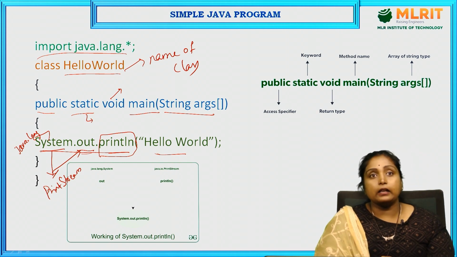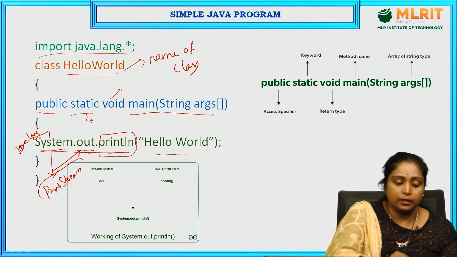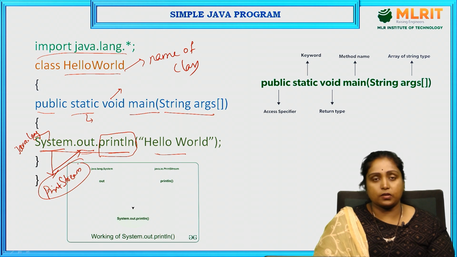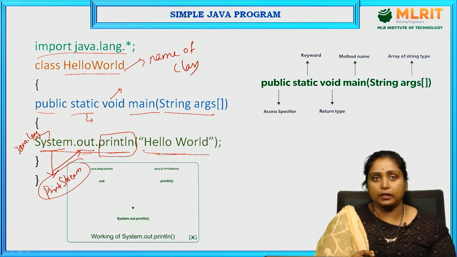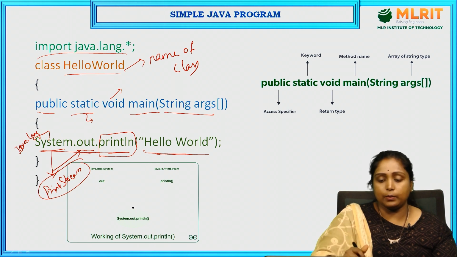System contains whatever you need for output and input. Whatever you give in the double quotation marks will be printed as a mirror image.